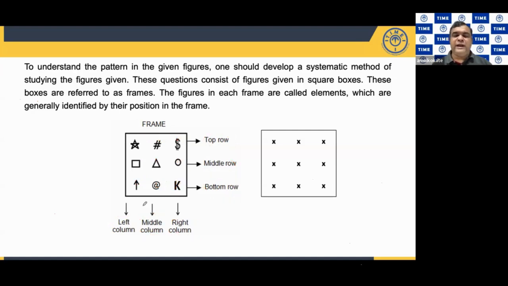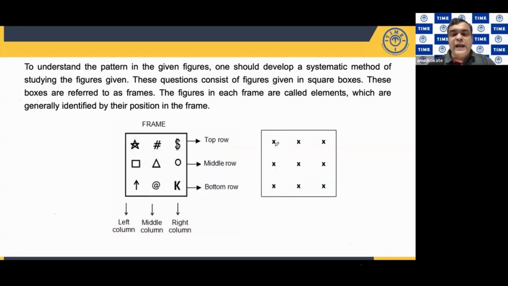In exam when I'm solving this question, I will not worry about a top row or middle column, something like that. Forget about the elements. What you're supposed to see is, can you see these 9 positions? These are the 9 positions where the elements are placed.